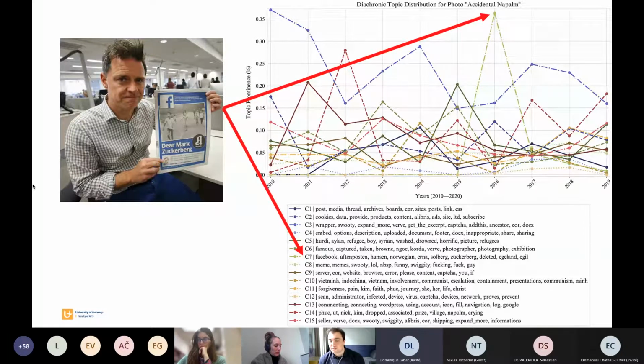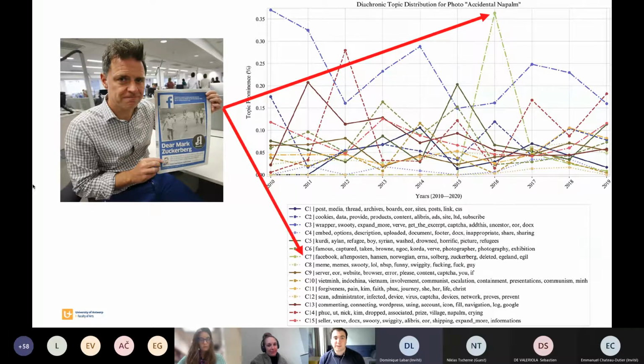And here you can see that it's connected to a topic which mentions Facebook, Aftenposten, Hansen, Norwegian, right? So we were wondering, what does this topic mean? You can see here that it was in fact the chief editor of the Norwegian newspaper Aftenposten, who posted the napalm girl on his Facebook. And then the picture was taken down by Facebook, or censored, as he would surely describe it, because it shows a naked child.